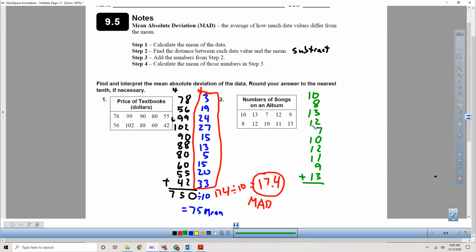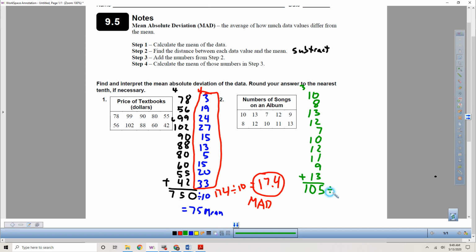All right, now I'm going to add all these up. 8 and 3 is 11, 12, 13, 20, 22, 23, 32, 35. Carry my 3, 3, 4, 5, 6, 7, 8, 9, 10. And I get 105.